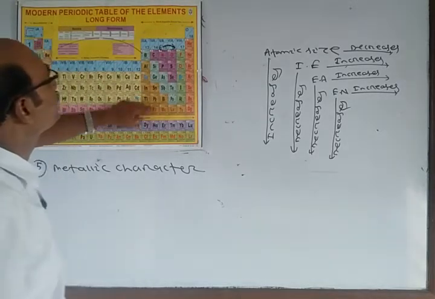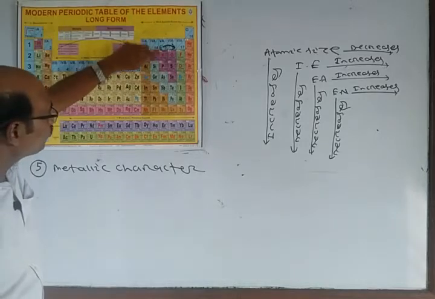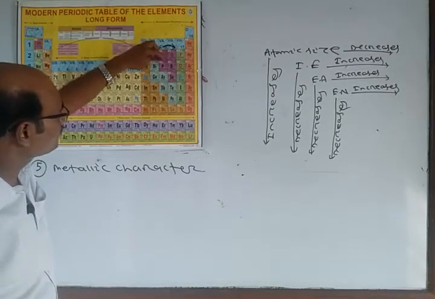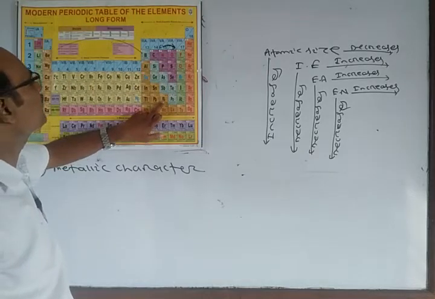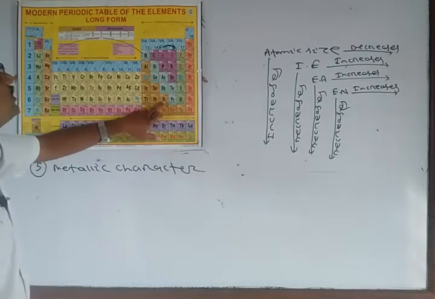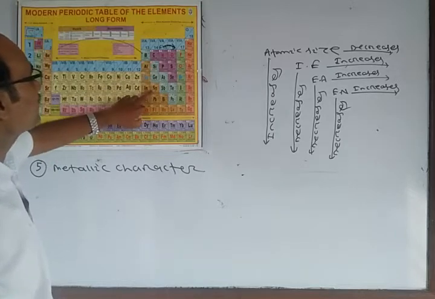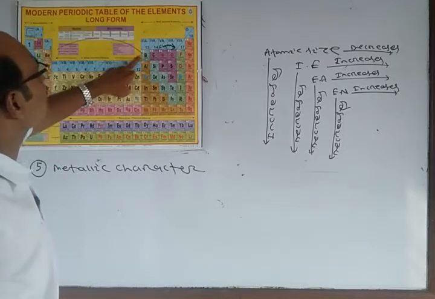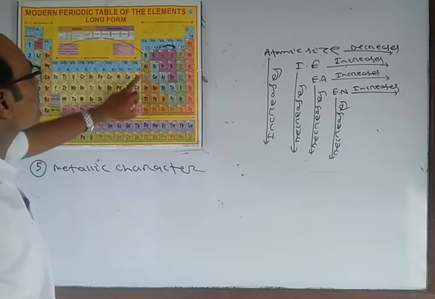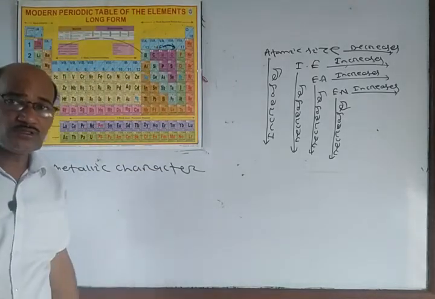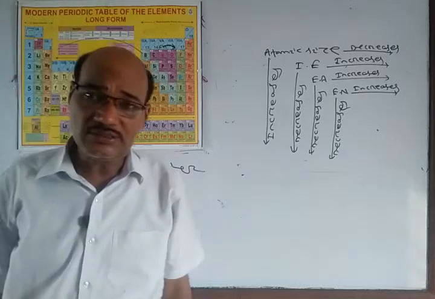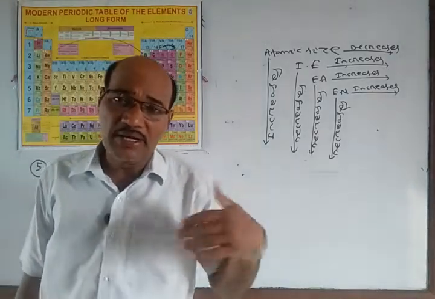In this group, the top ones are non-metals, and gradually when you move down, it becomes a metal. So this is a non-metal, now this is a metal. When you move in the group from top to bottom, the ionization energy value decreases, hence the metallic character increases.